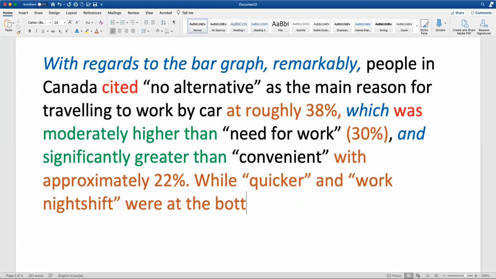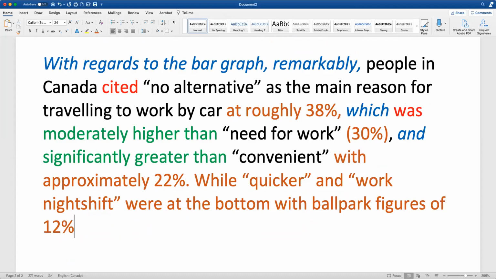We're at the bottom with ballpark figures of 12% and 8% in order.